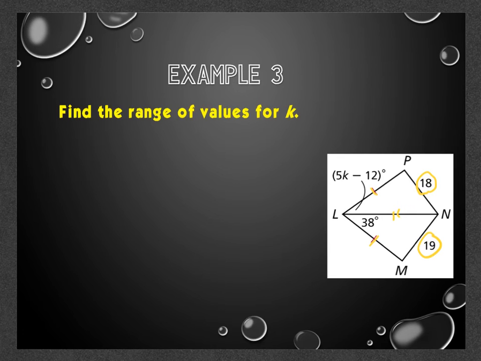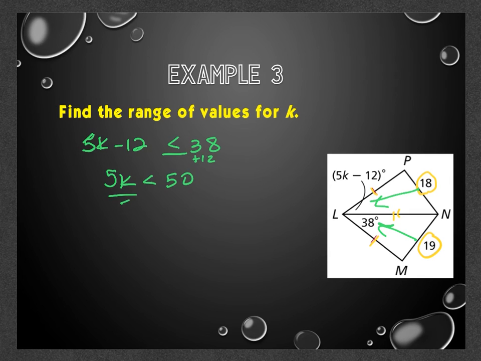Opposite 18 would be what to 38? 5K minus 12 would have what relationship to 38? Less than, right? Opposite 18 would be smaller than opposite 19. You with me so far? And then I just solve it. So 5K is less than 50, add the 12, divide by 5. And K has to be less than 10.